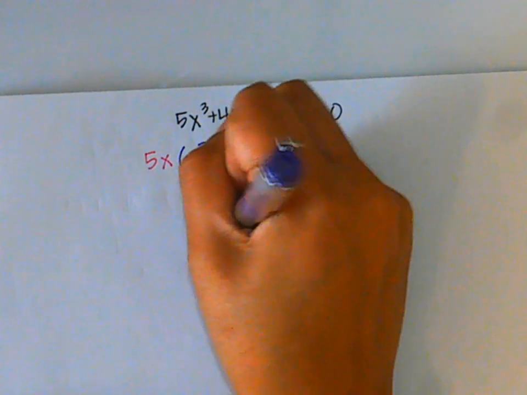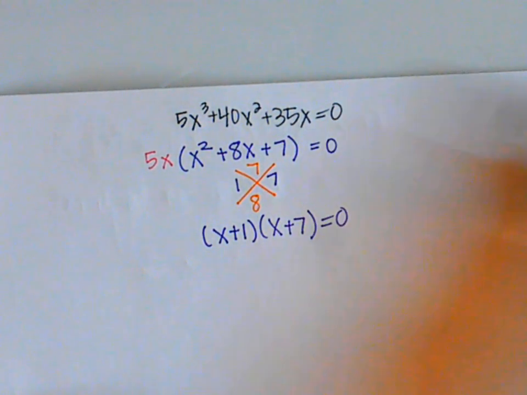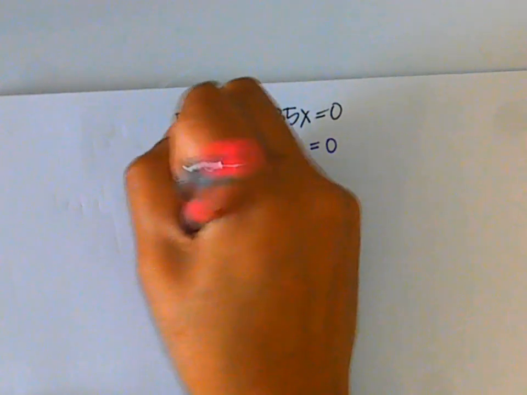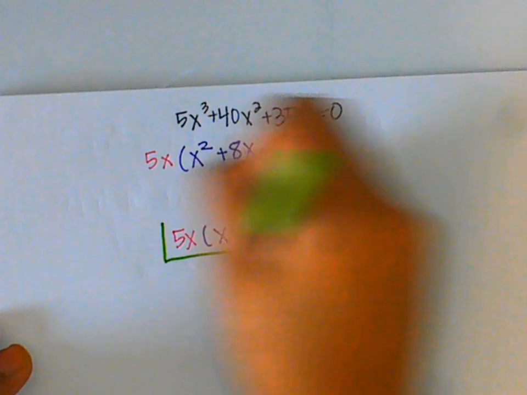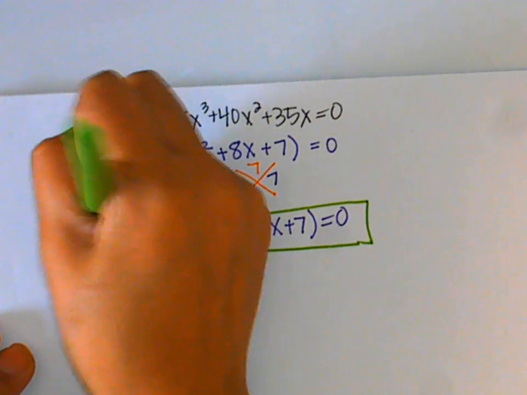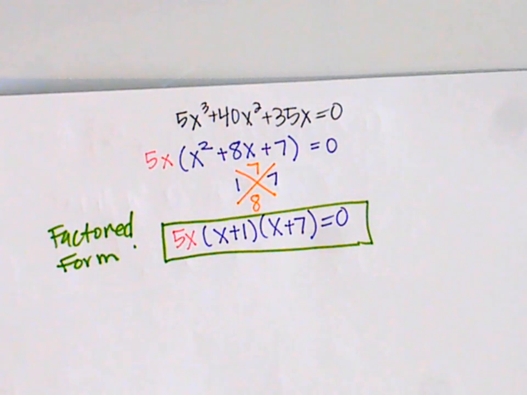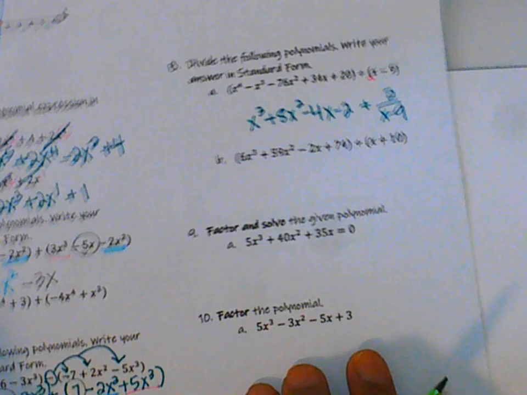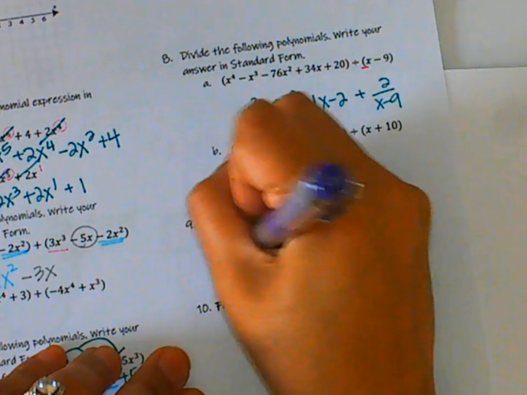So x plus 1, x plus 7, bring down my 5x. So this here is my factored form. So when it tells me here to factor and solve, part of that is to write down my factored form.